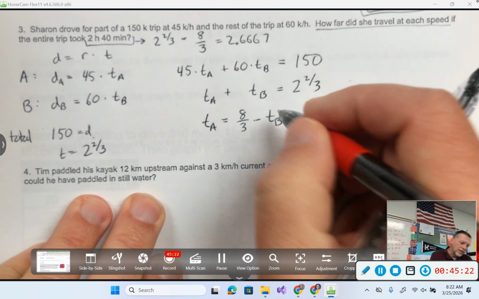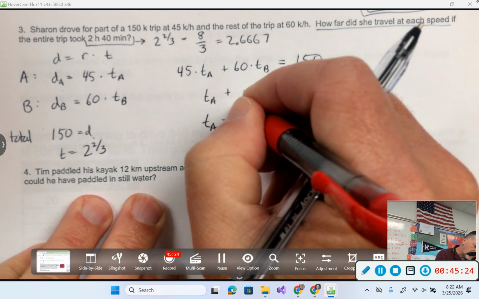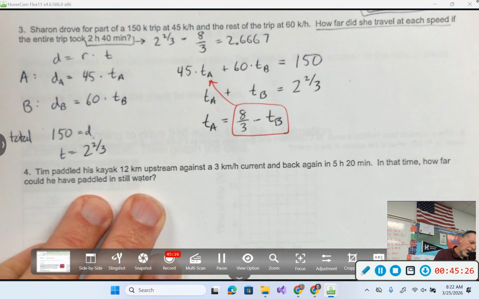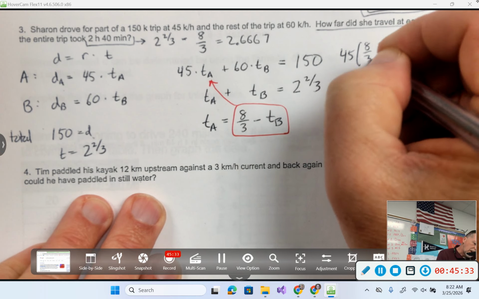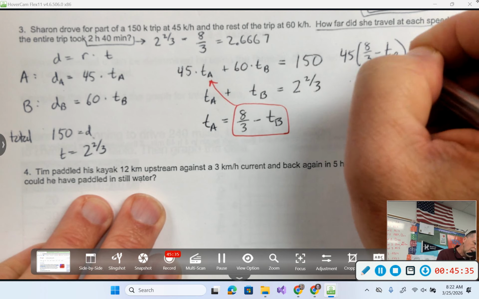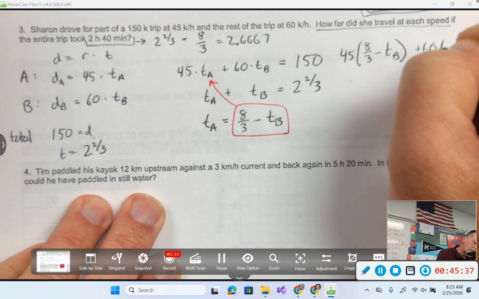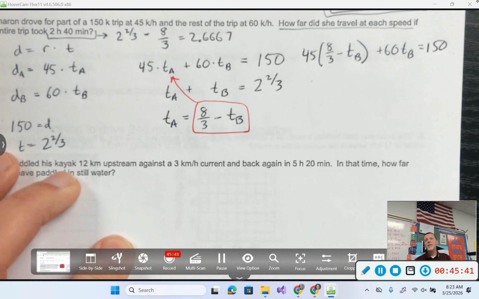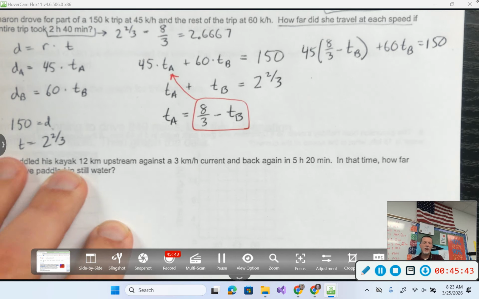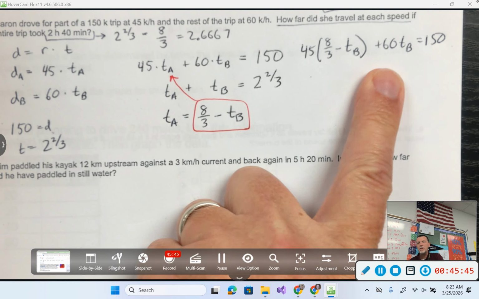So now I can plug this in for time A. Whoops. Yeah, that's time A. So 45 times (8/3 minus time B) plus 60 times time B equals 150. Yuck, yuck, yuck. But now we're almost there. Like, we've got one equation with time B in it.